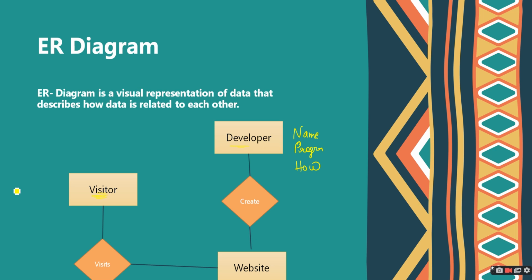And for visitors, I can store the name and their email address, so that in future if I want to send some kind of notification, I can use these, right? And count is basically how many times the visitor has visited our website. So based on this simple ER diagram, we can analyze what kind of details we can store, and what relationship the visitor and developer have. So ER diagram is that.